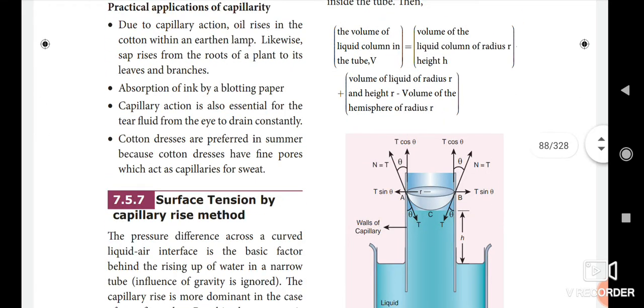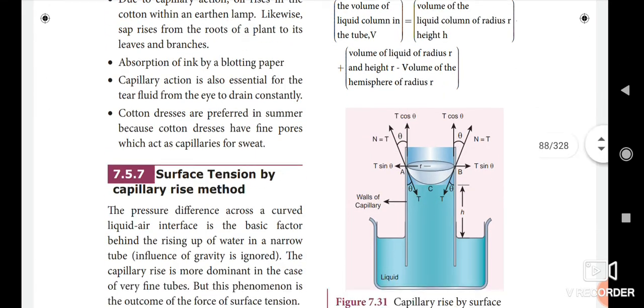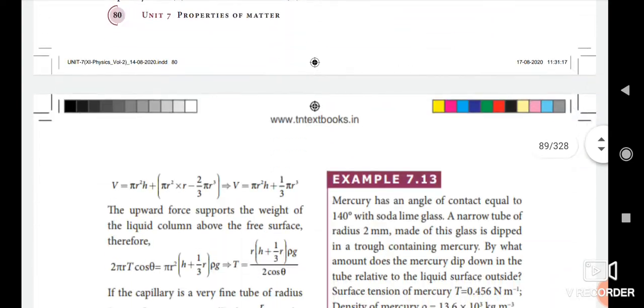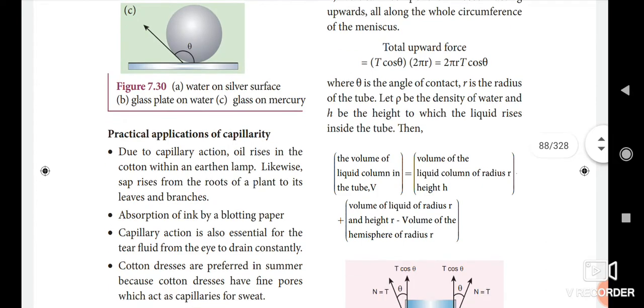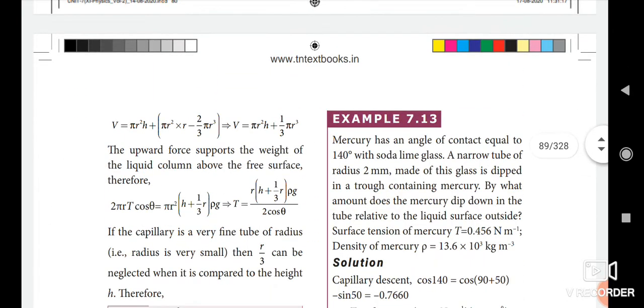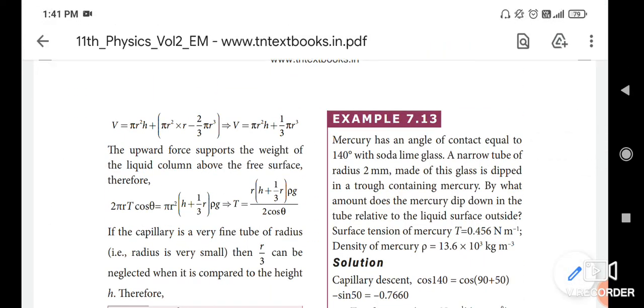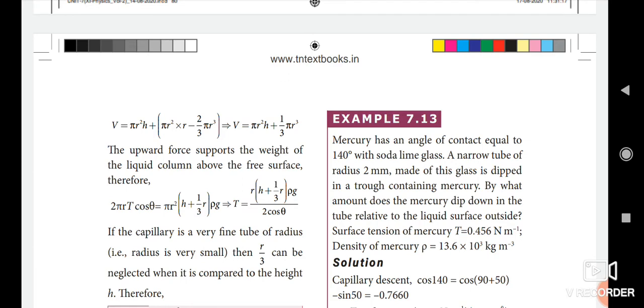Pi r squared h. Here the height is h, so we put pi r squared h. Next, also the volume of a cylinder, but here the height value is r, so instead of h we put r: pi r squared into r, minus the volume of the hemisphere, 2 by 3 pi r cube. From this we find the V value. So V is equal to pi r squared h plus 1 by 3 pi r cube.